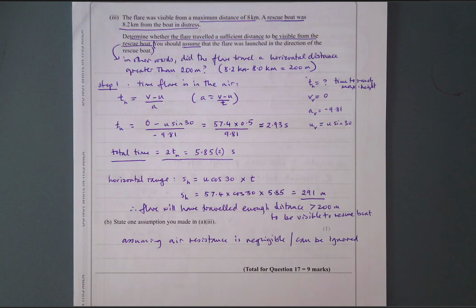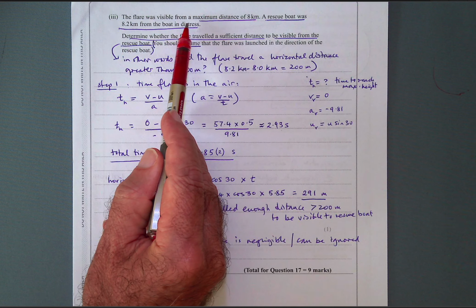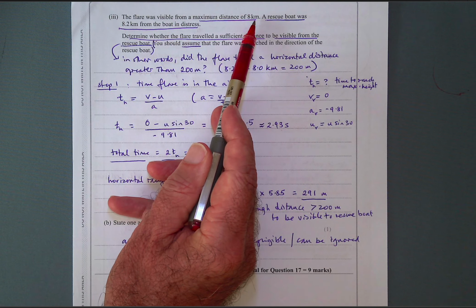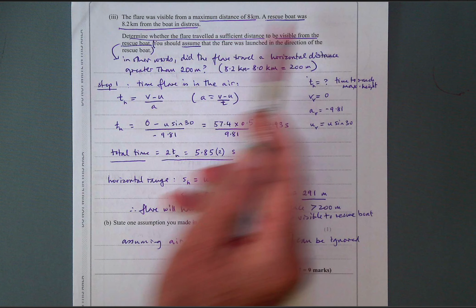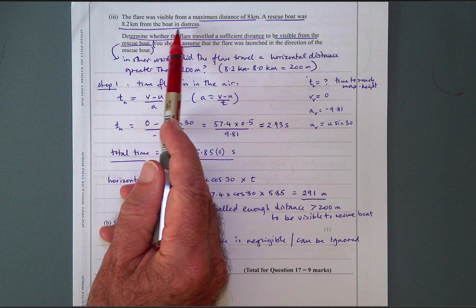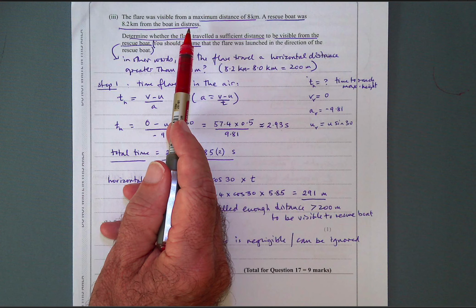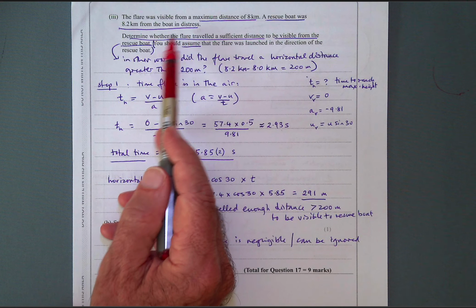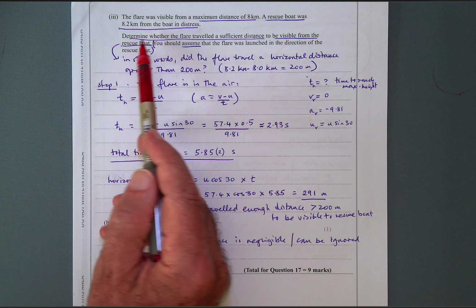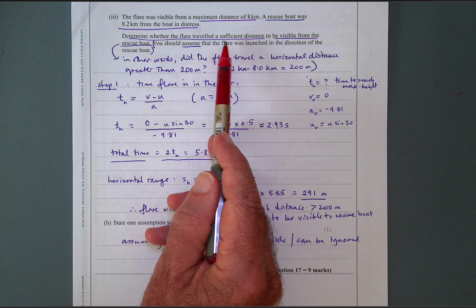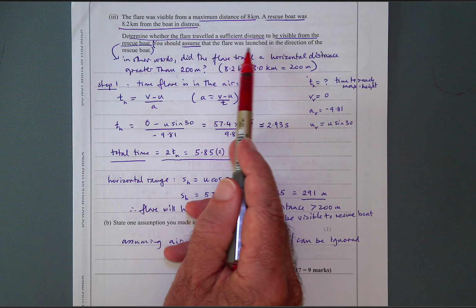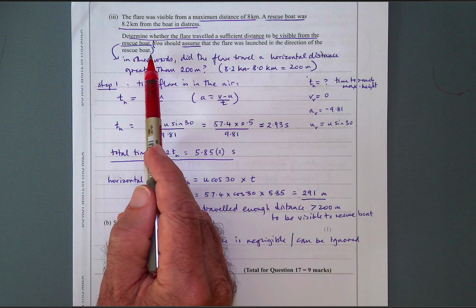It says the flare was visible from a maximum distance of 8 kilometers, and a rescue boat was 8.2 kilometers from the boat in distress at the time of the launch of the flare. That's what they mean. You have to determine whether the flare traveled a sufficient distance to be visible from the rescue boat. You should assume that the flare was launched in the direction of the rescue boat.